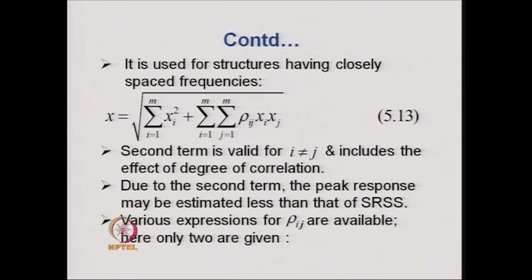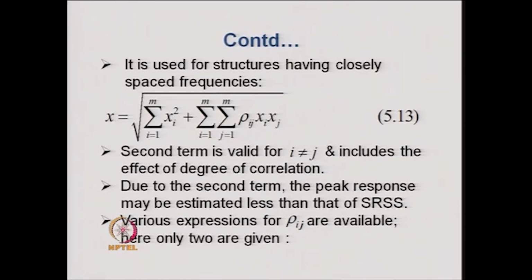First part is simply the SRSS rule that we have used before, and the second part of the equation contains rho ij, where rho ij is the correlation between the two modes of vibration, and xi and xj are the maximum values of the responses in the ith and jth mode.